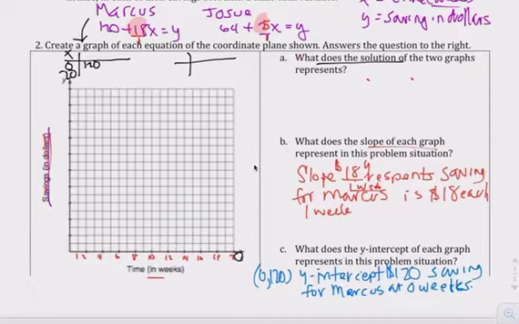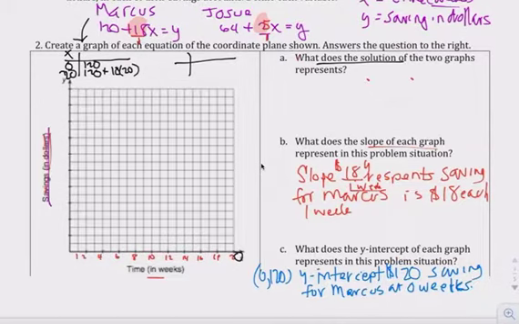Just like the other homework assignment, if we choose 20, 120 plus 18 times 20 is equal to, let's see. I need my calculator. 18 times 20 is 360. Actually, let me make sure though.